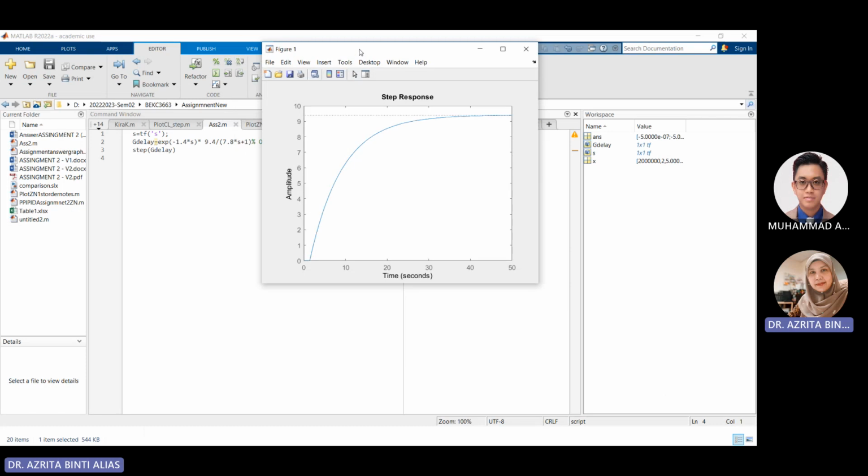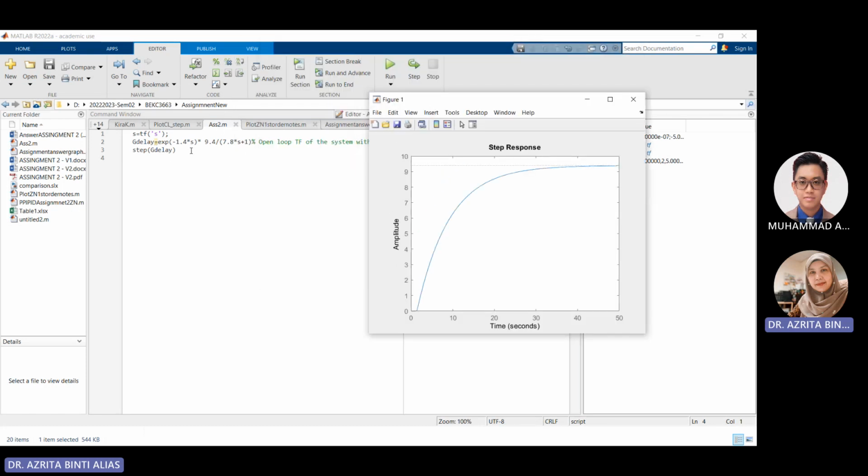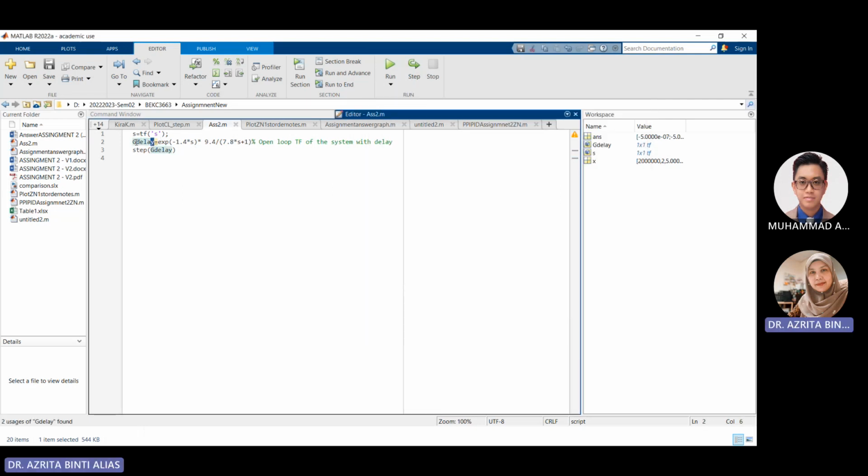Okay, kat sini. So the same coding from the slide. The only difference is the name of the transfer function. I just give the name for my transfer function as G delay. So after you write this coding, you run.